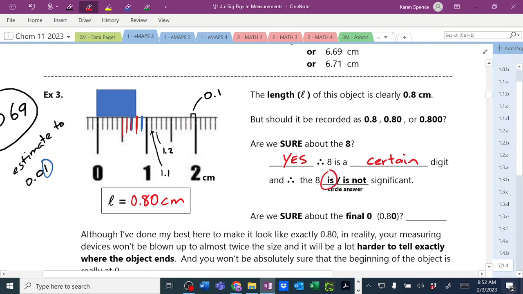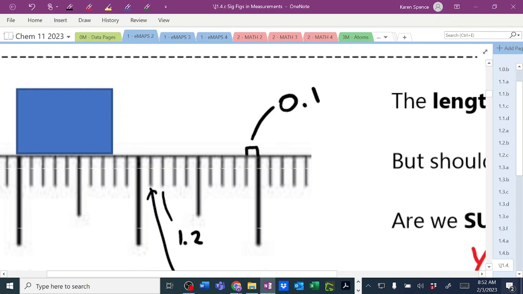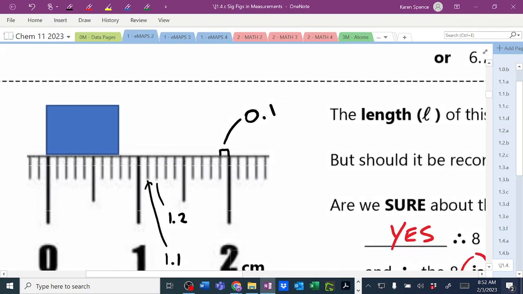Are we sure about the final 0? Well, no, we're not absolutely sure. If I zoom in here really close, let's see if I can make it zoom. I actually think that maybe I might guess that that is 0.79. It could be 0.79.